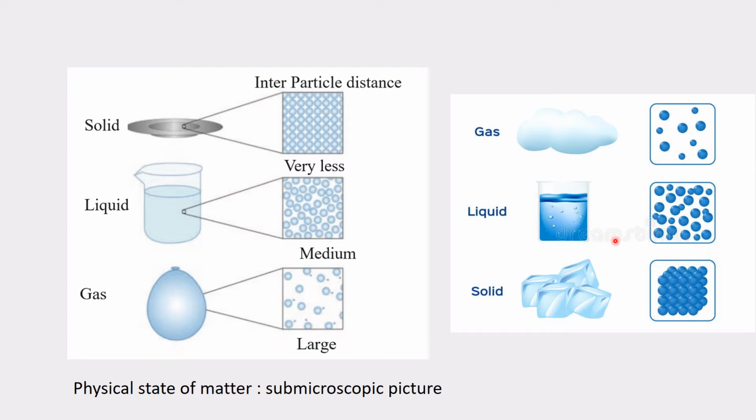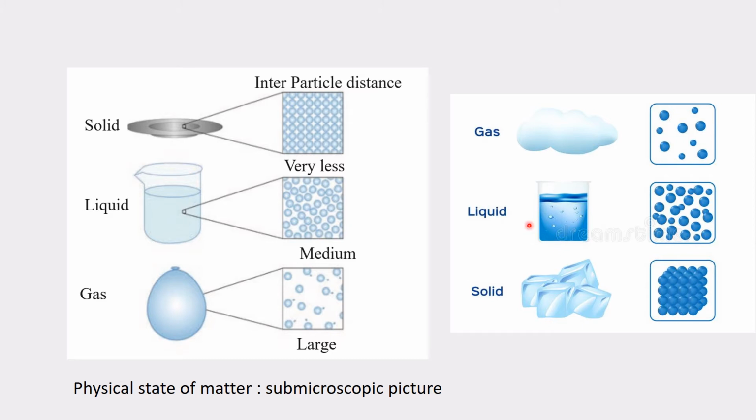As a result, liquids have definite volume. Liquids do not have definite shape, but they have definite volume. However, they have fluidity. Fluidity means they can flow. Their shape is not definite but changes in accordance with the container.